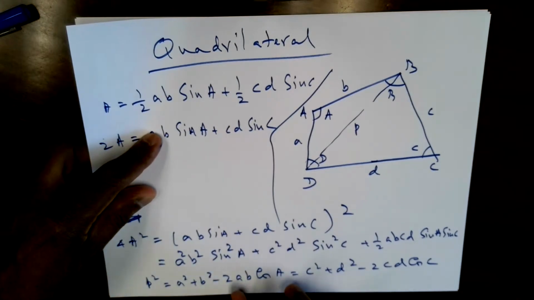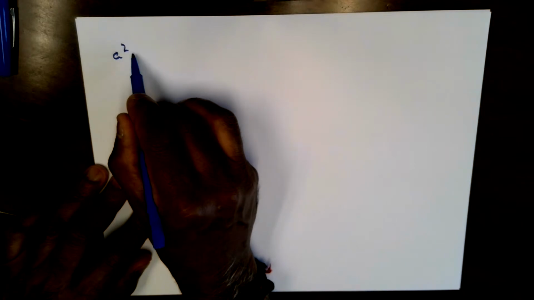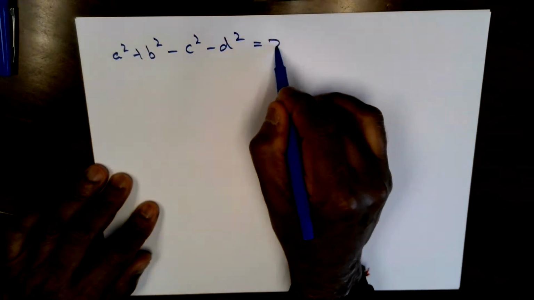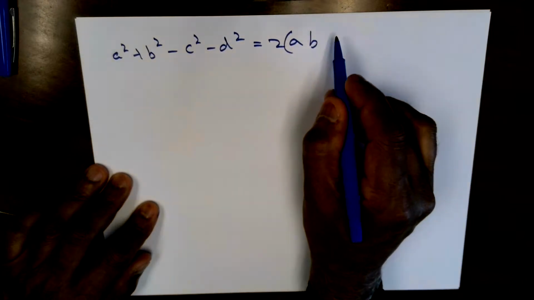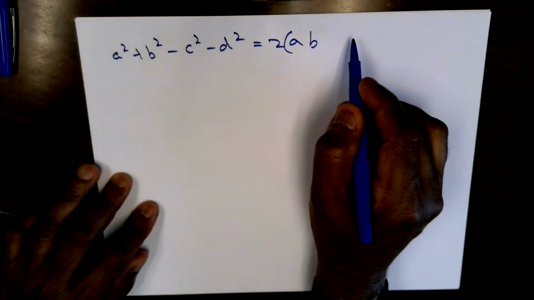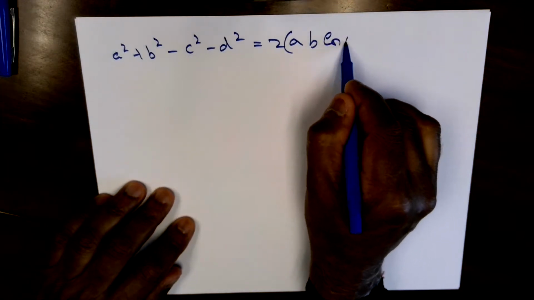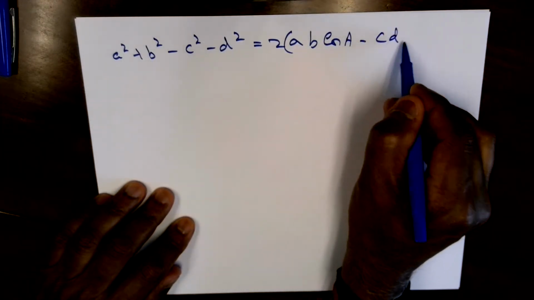Let me bring the square terms and the cos terms to each side. So you get a squared plus b squared minus c squared minus d squared is 2ab cos a minus 2cd cos c.